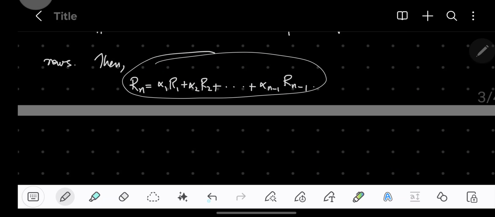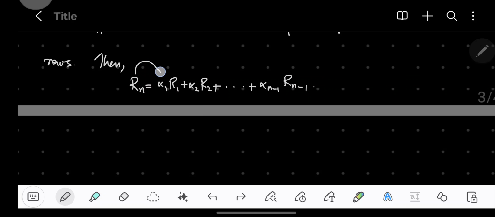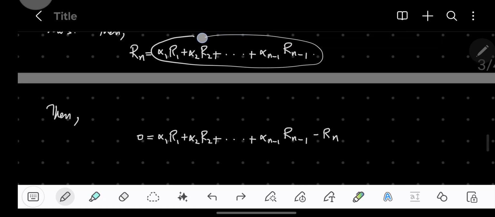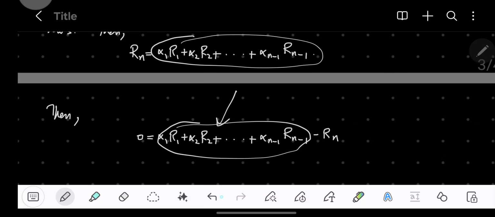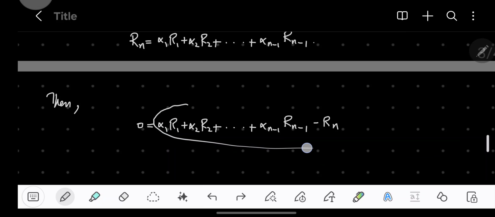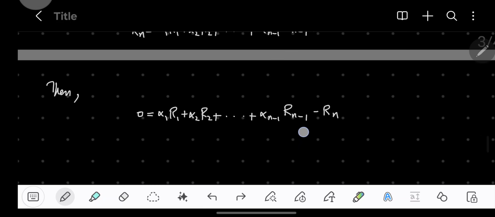Since this is an equation, if I take Rn to this side, I will be left with 0 on the other side. The combination of rows up to Rn minus 1 stays as it is, but Rn goes to the other side. So if I apply this operation on any row, I will end up with 0.